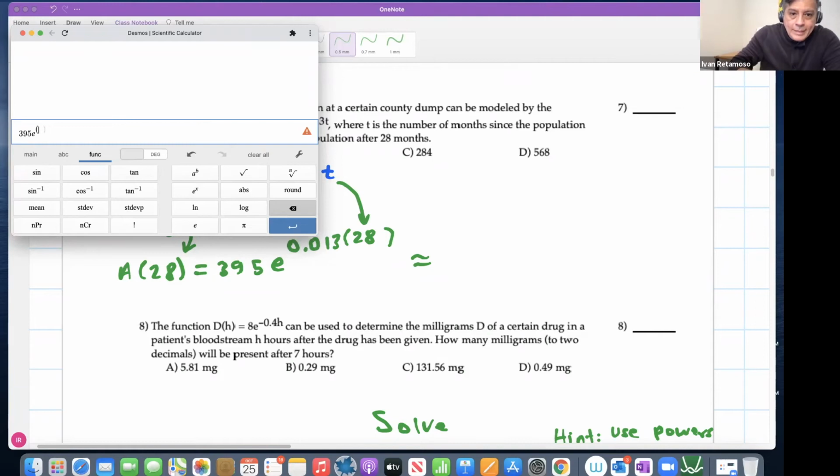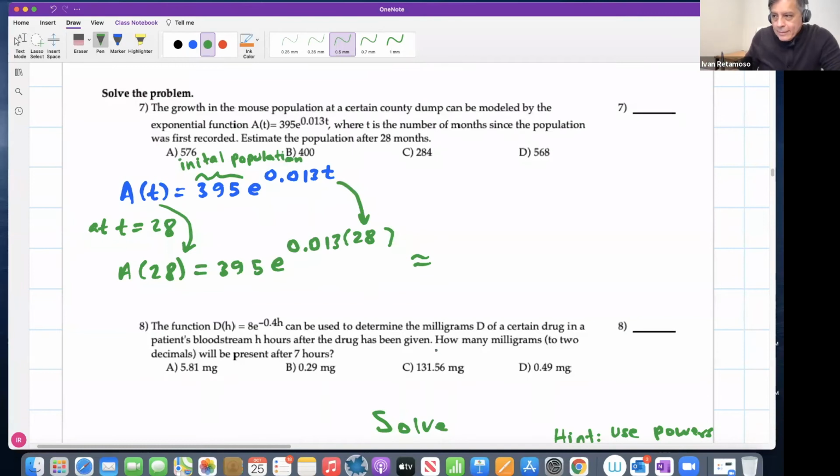So just to play safe, I'm going to type within parentheses 0.013 times 28. Better safe than sorry, right? So all together, this is the exponent. As a result, I get 568.43. I'm dealing with a population of mice, so I have to round it to a whole number for this to make sense. So I can round it to 568.